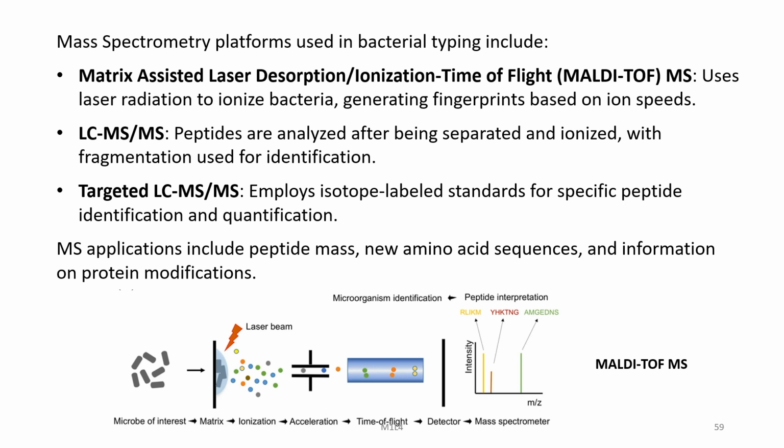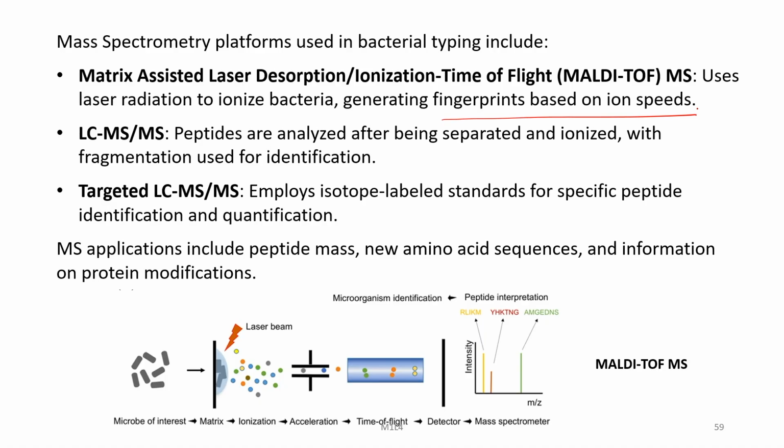Mass spectrometry platforms used in bacterial typing can be several. For example, we use matrix assisted laser desorption ionization time of flight mass spectrometry or MALDI-TOF MS. This uses laser radiation to ionize bacteria, generating fingerprints based on the ion speed. Then we have LC-MS/MS.